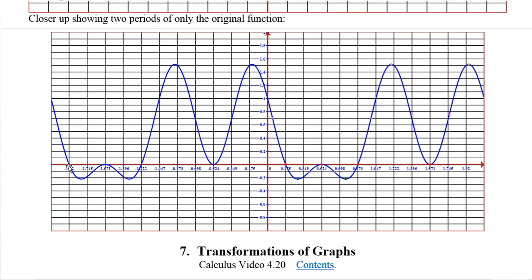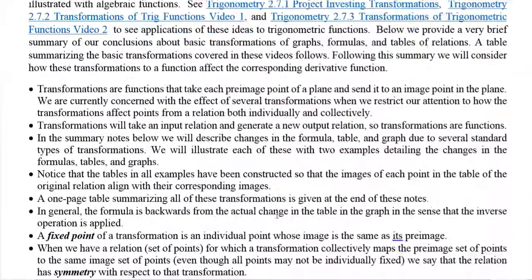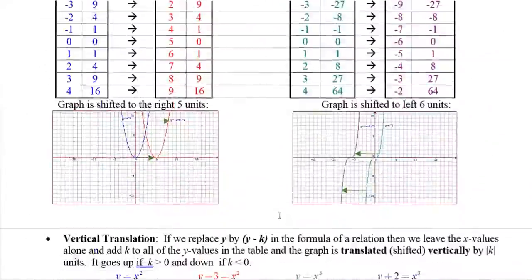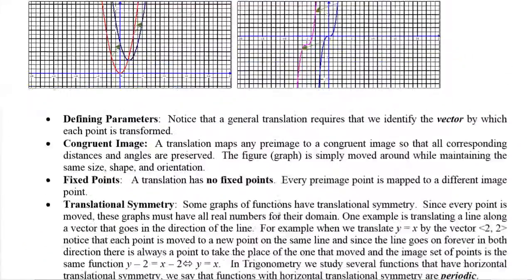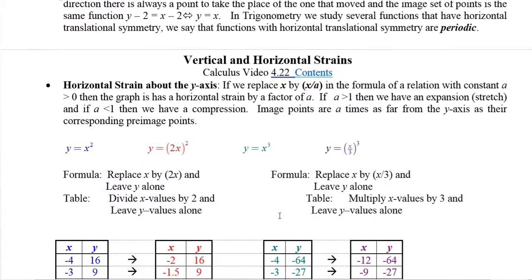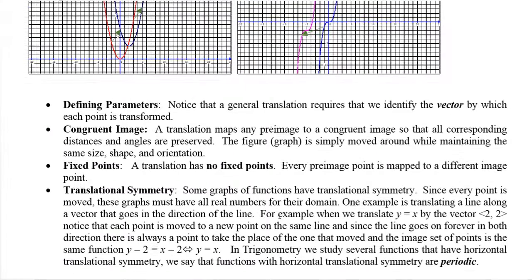Even though this point right here is going to be moved to this point, it's not fixed individually. Since it goes on forever left and right with the same repeating pattern, collectively they stay the same. And so that's called translational symmetry. But a horizontal translational symmetry is also called periodicity or periodic function.